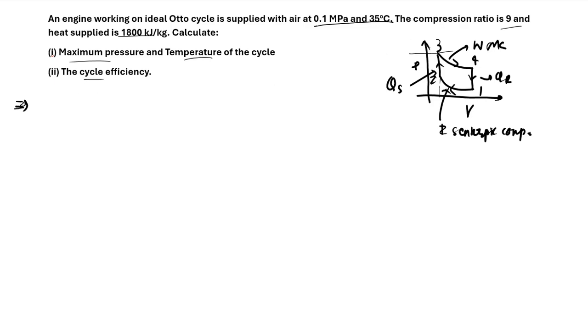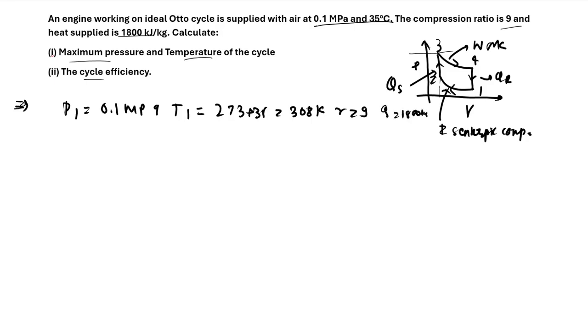So by first solving this question, we need to write the initial conditions which we have, which is pressure at 1 is 0.1 megapascal. We also have temperature at 1 as 35 degrees Celsius, which you need to convert into Kelvin. So 273 plus 35 will be 308 Kelvin. The compression ratio is 9, and the heat supplied, which is Q, is 1800 kilojoule per kg.